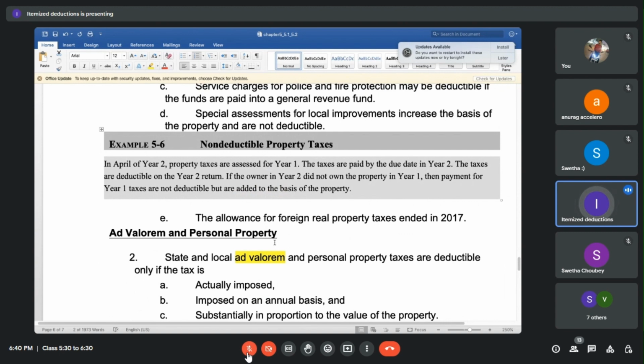Technically that person was not the owner, but they have still spent the money. So what IRS is saying is that you add it to the basis of the property. If you bought a property for $100,000 and you're paying $10,000 of taxes, we will not give you a break in Schedule A, but for all different calculations, you take the value of the property to be $110,000. So you can claim depreciation on $110,000, or if you're selling it later on, your cost basis gets increased to $110,000.